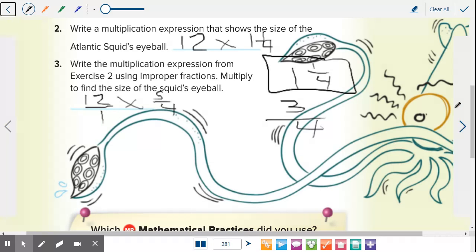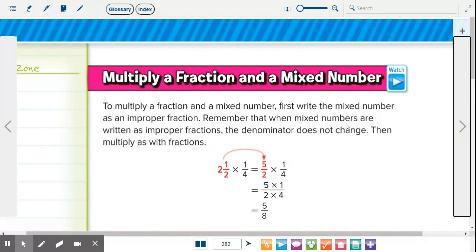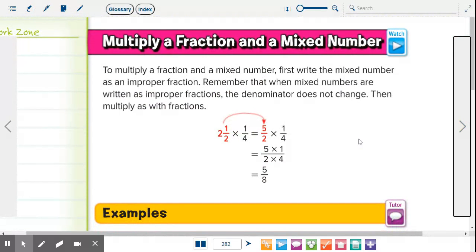All right, let's go ahead and go on to the next page. And we're going to talk about multiplying a fraction in a mixed number. To multiply a fraction in a mixed number, you need to change the mixed number into an improper fraction first. You always got to turn it into an improper fraction before you can multiply.